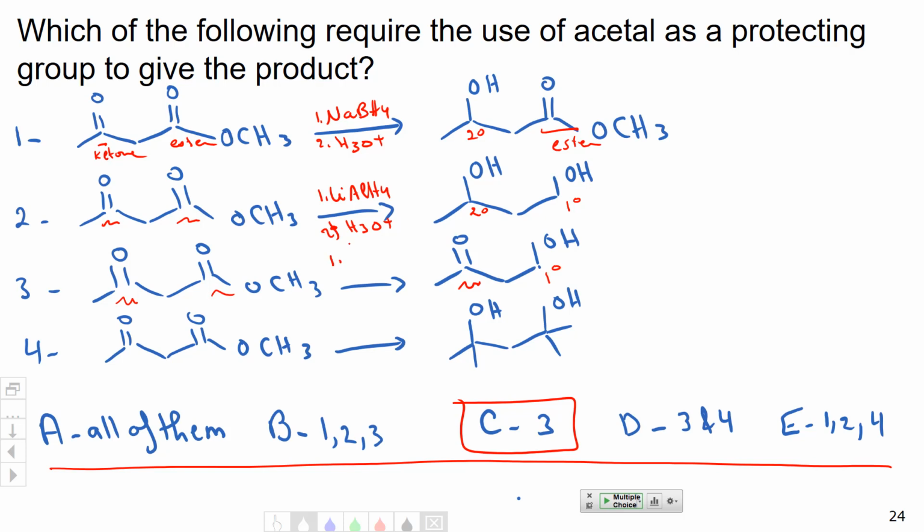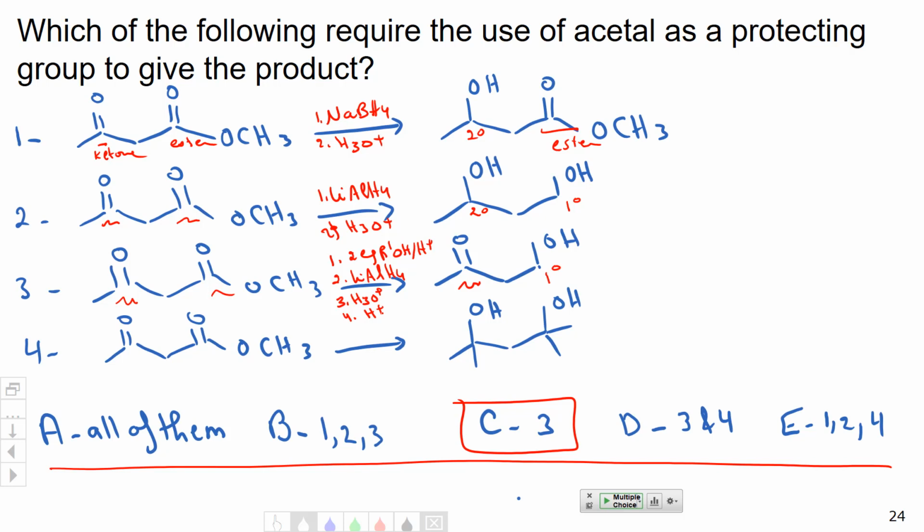My first step is adding 2 equivalents of ROH, H+, followed by lithium aluminum hydride. This first step is what I showed in the slide before, the protecting step. Then lithium aluminum hydride, followed by H3O+, and the fourth step is H+ to get rid of the protecting group.